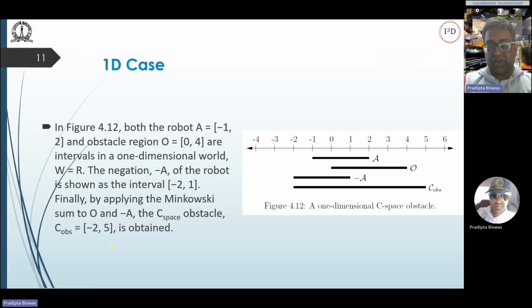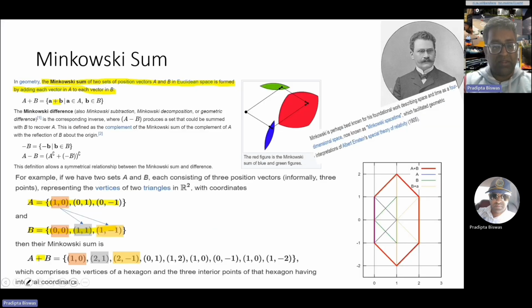Then I pick up the second element, the 0 1, and we continue the process: 0 1 and 0 0, we get 0 1; 0 1 and 1 1 give us 1 2. 0 minus 1 and 1 minus 1 give us 1 0, and so on. In the later examples, you will see that the addition means vector addition, which will be further clear as we look at more examples.